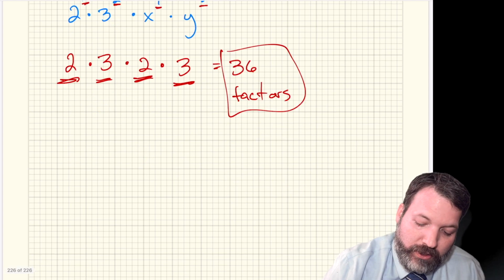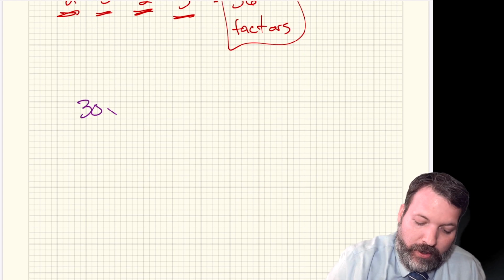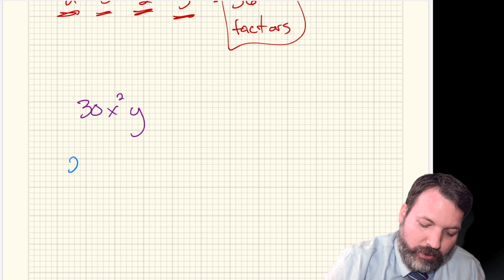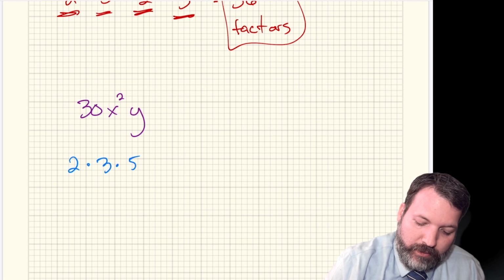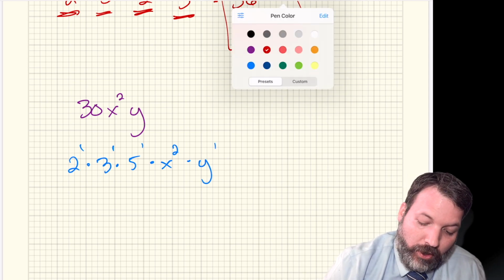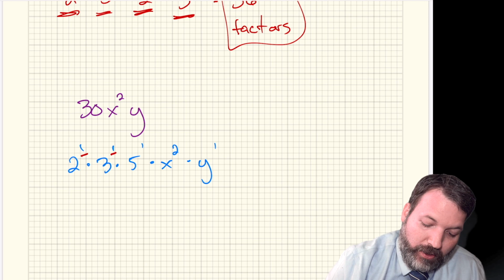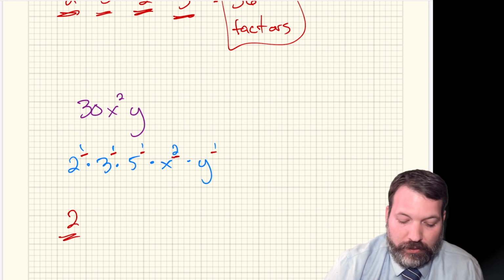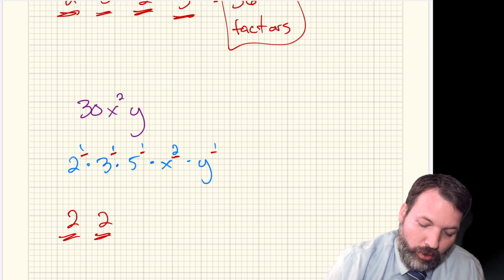Let's do it one more time with 30x squared y. 30, of course, is 2 times 3 times 5. We have x squared. Let's make sure to use our first powers. And of course, we also have y to the first. So what are our choices? I look at the powers. I could choose no 2's or 1 2. That's two possibilities. No 3's or 1 3.